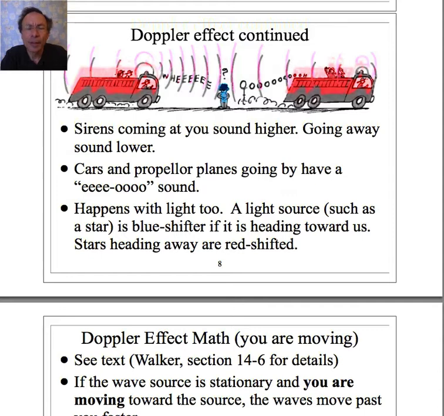This is really noticeable when you're watching TV coverage of automobile races. The camera is there watching the cars go by, and when the cars are coming towards the cameraman, you can hear a high pitch, and then when the car passes by and is going away, it goes to a lower pitch, so you get this kind of sound.